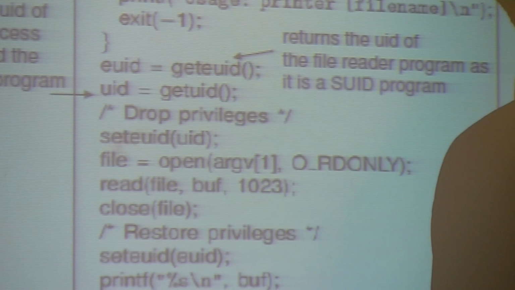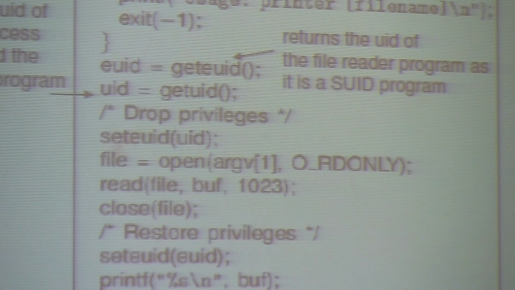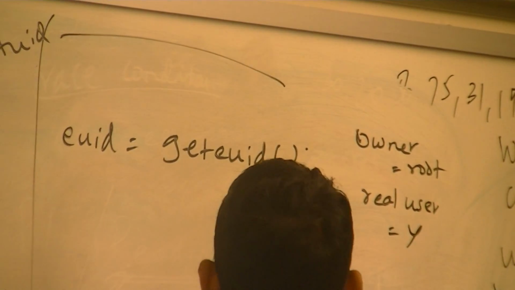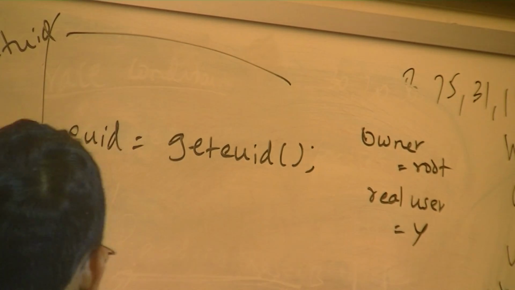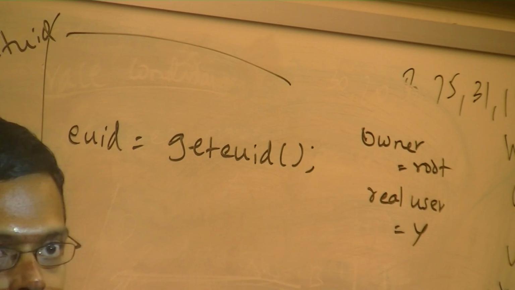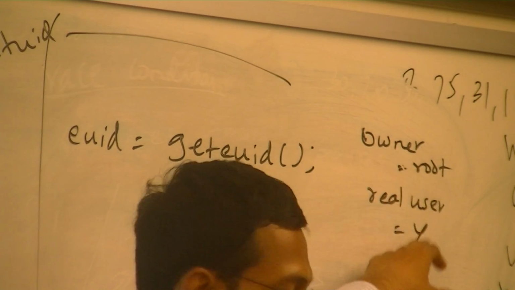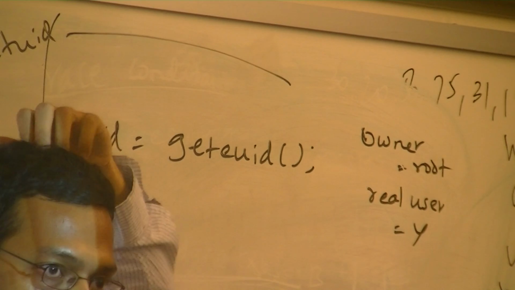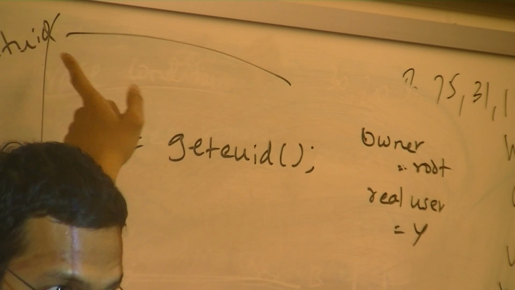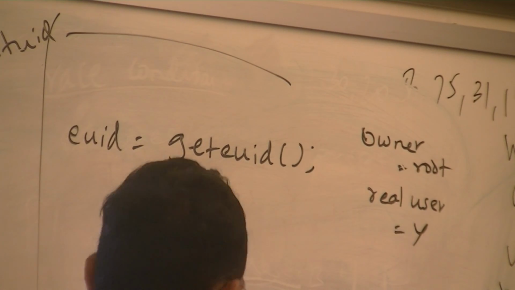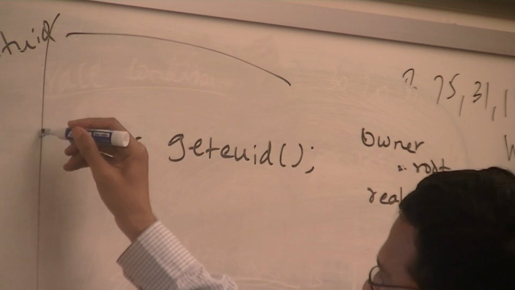So let's say the owner is root, and the real user running it is, say, some Y. So what is going to be the effective user ID of this process? Between root and Y, what is the effective user ID at runtime? If the real user running this is Y, it's going to be the owner, because the set UID bit is set.